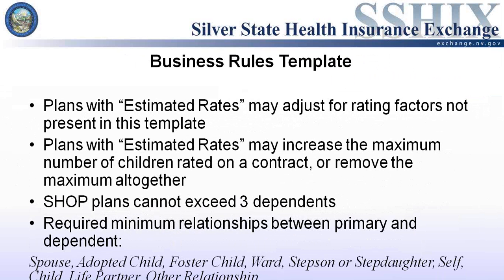On the business rules template, that set of relationships between primary and dependent that Nick went through, that same set has to be selected at a minimum for standalone dental plans, and that's applicable to on-exchange. Off-exchange only dental carriers don't need to worry about those relationships.